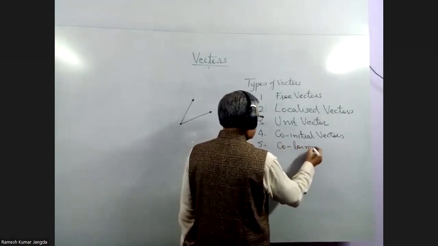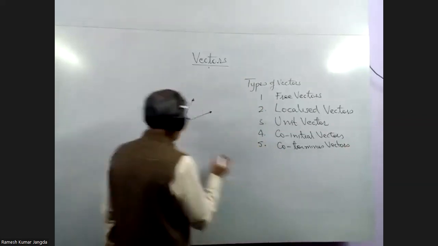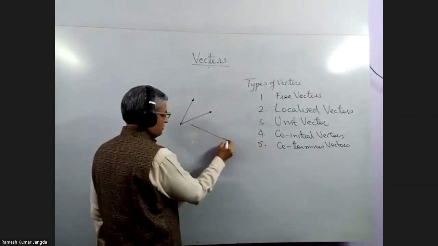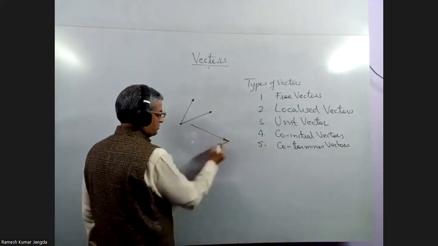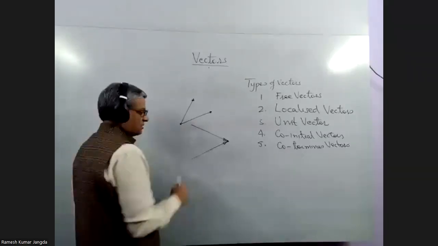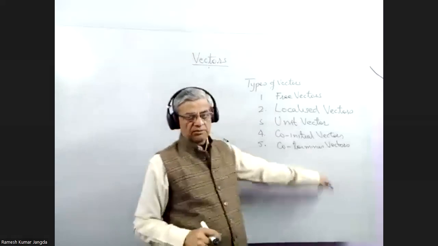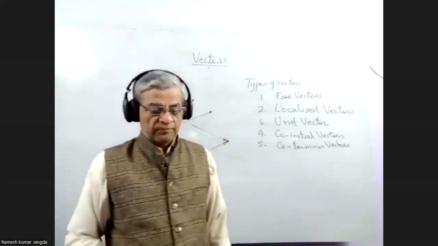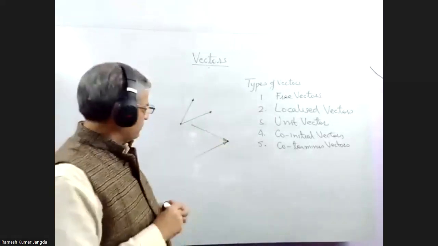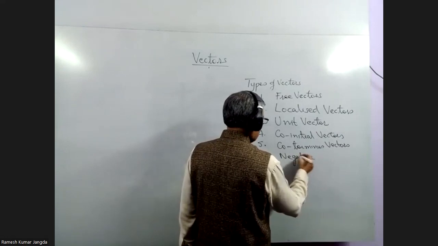Similarly, we have coterminous vectors. They end at the same point. Vectors which are terminating at the same point are called coterminous vectors. Negative vector.